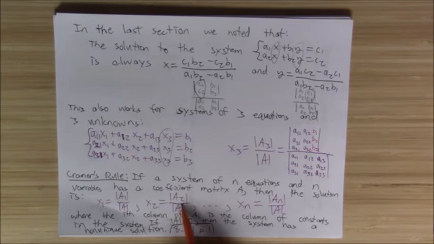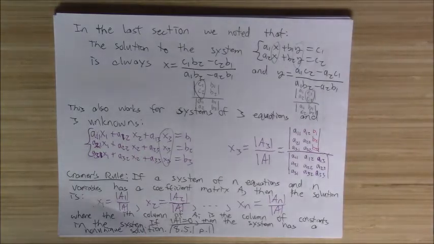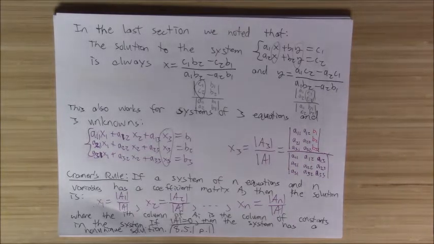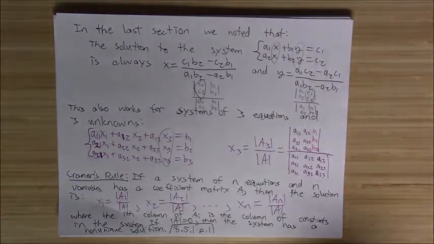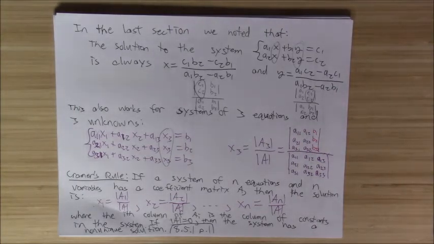Then we do the second column, and the third column, and all the way up to the nth column, where the ith column of Ai is the column of constants in the system. If the determinant of A is 0, then the system does not have a unique solution. And this is basically what we saw back in 8.3 when we used inverses.